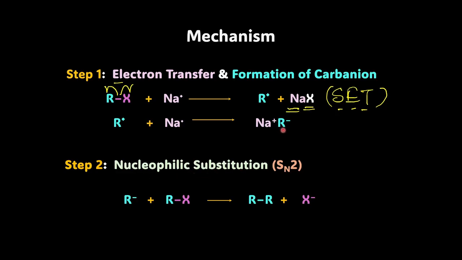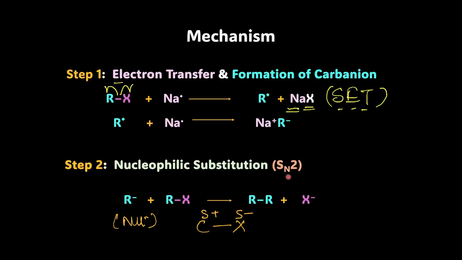R minus, since it is electron rich, acts like a nucleophile, right? And this nucleophile attacks this alkyl halide. You know that this carbon directly attached to halogen is delta positive, right? Because halogen is more electronegative, so delta minus. So this nucleophile attacks this electrophilic carbon from the back side. If you have already done the SN2 reaction, you know exactly what we are talking about.